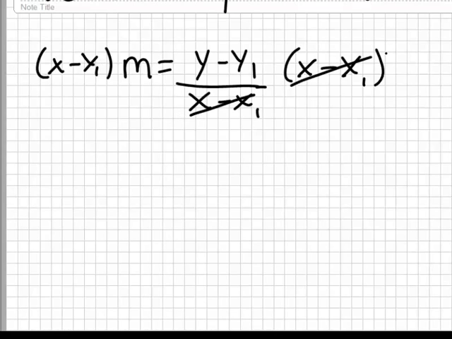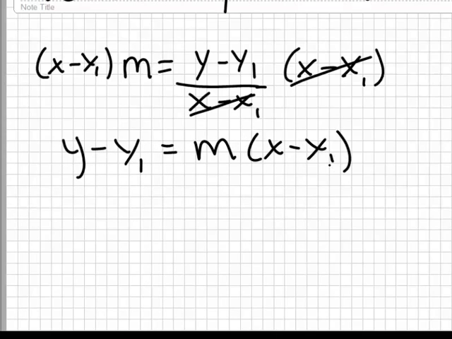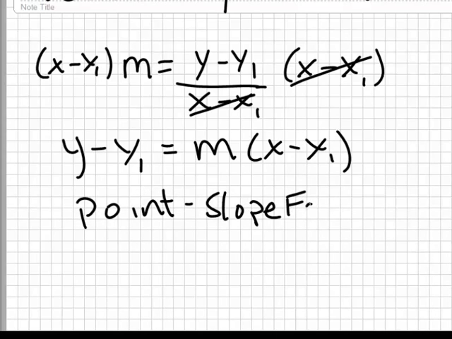These will cancel, and I'm going to rearrange it so it looks a little nicer. And this is called the point-slope form.